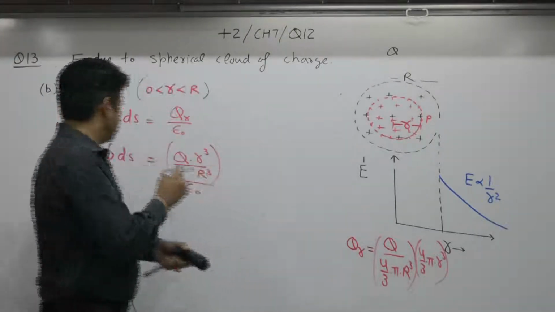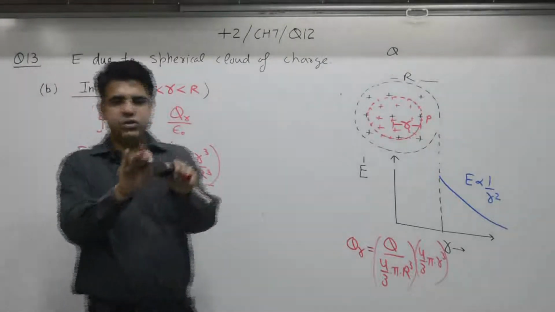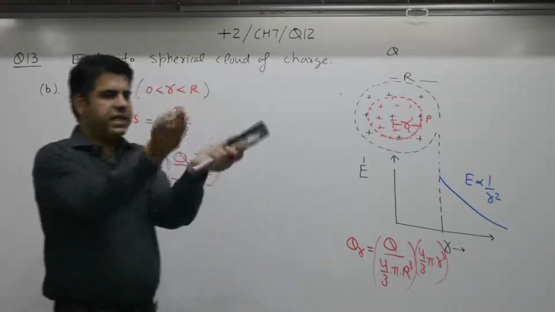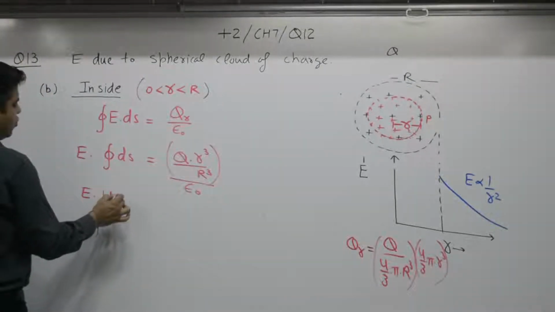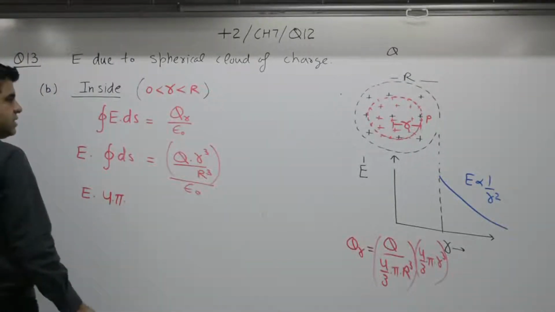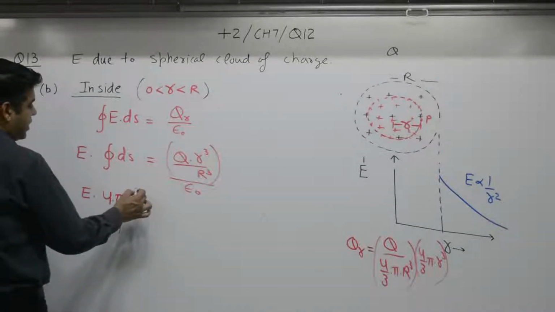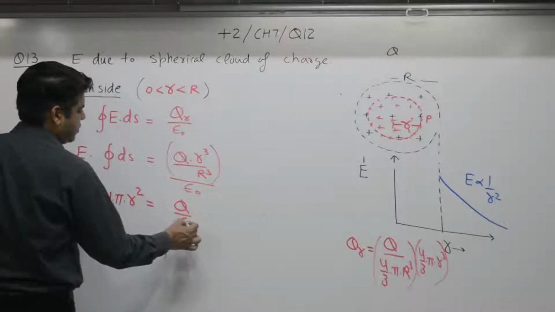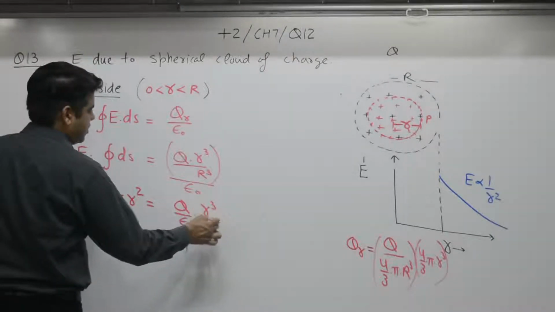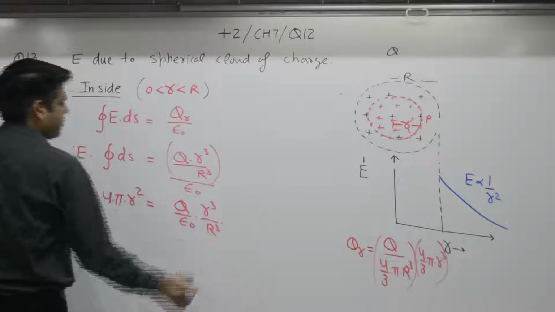Closed. This circle means what? Closed. So that means you have to find out the surface area of what? A sphere. Do not make this mistake. 4 pi, small r cube, square sorry, is equal to Q by epsilon naught R cube by R cube.